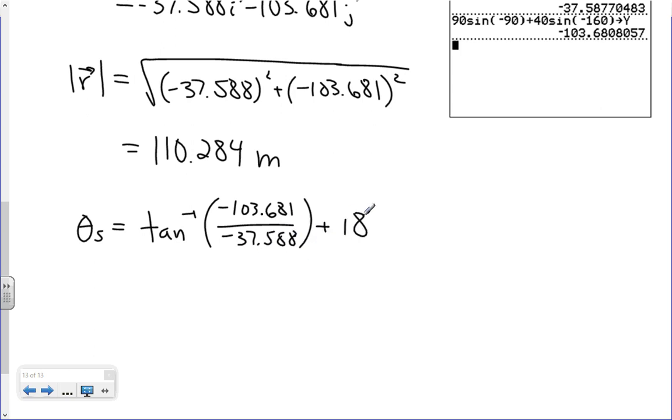And we're going to add on 180n. Now think about what quadrant this shows up in. Negative 37 means you're going back to the left from the origin. Negative 103 means you're going down. That puts you in quadrant 3. So since we're in quadrant 3, we're going to have to make n equal to 1 to get an angle that's in the third quadrant. All right, so let's calculate that as well.